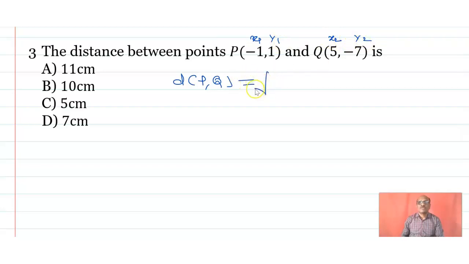Therefore, what is again distance? In bracket you will write (x1 minus x2) square means what here? (-1 minus 5) square, y1 minus y2, that is y1 is 1. Okay, y1 is 1 minus in bracket minus 7.